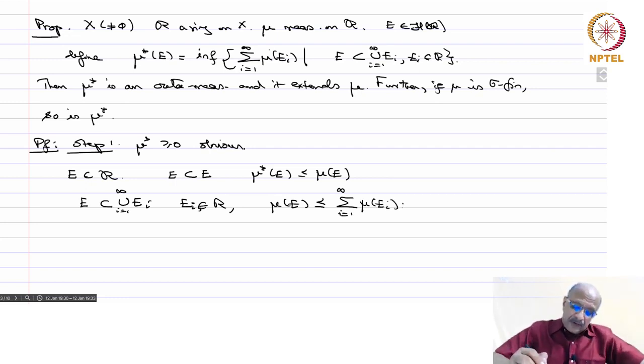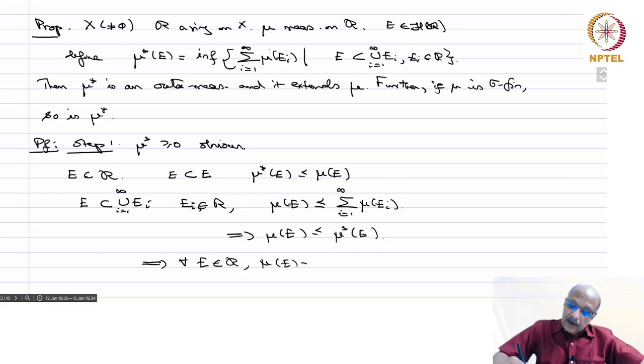So every such sum which you have here is greater than mu of E, and therefore if you take the infimum, this implies that mu of E is less than or equal to mu star of E. And therefore this implies for all E in R, mu star of E is the same as mu of E, that is, mu star extends mu.